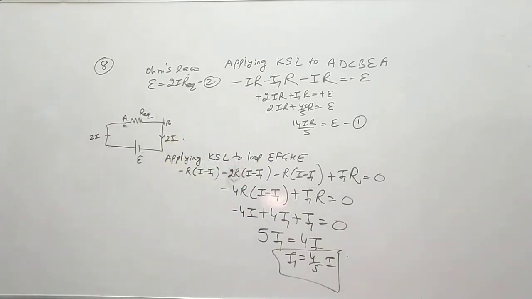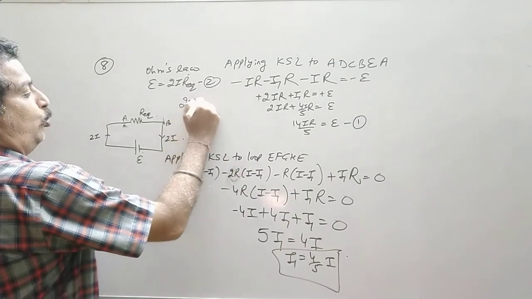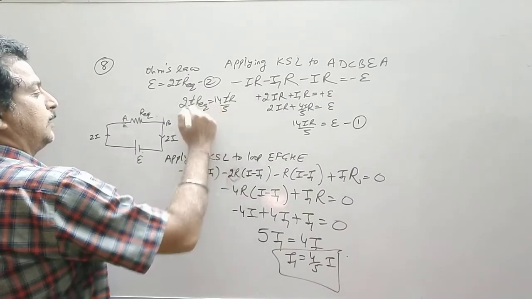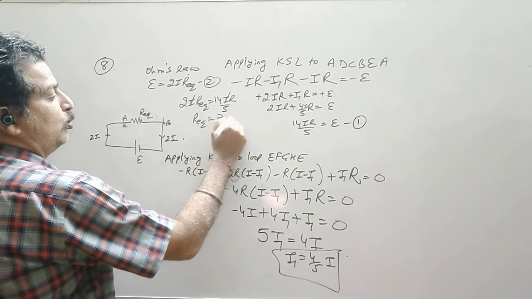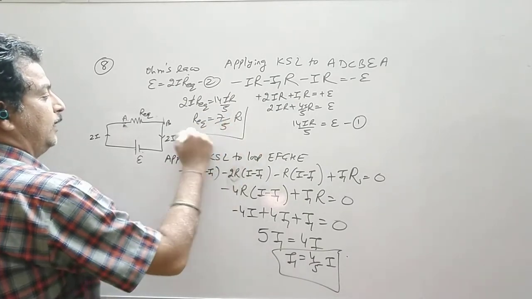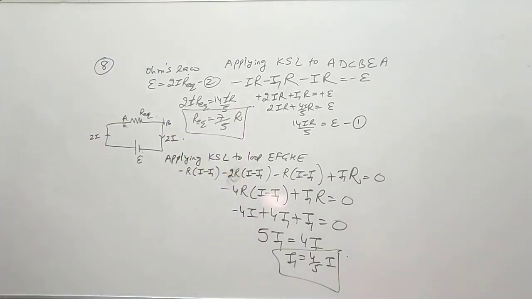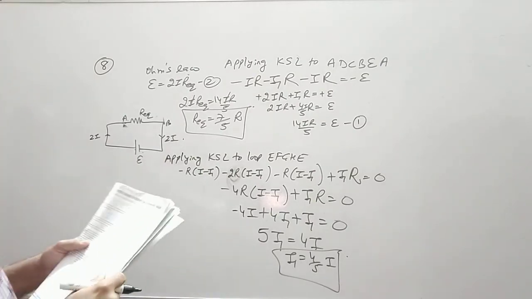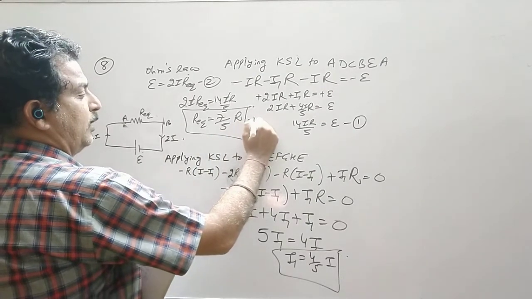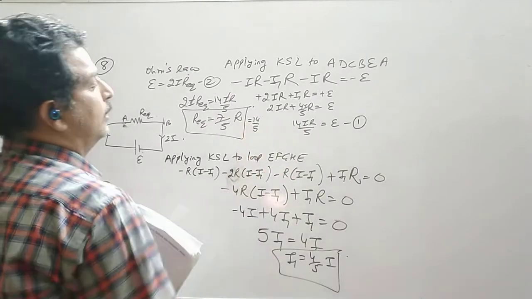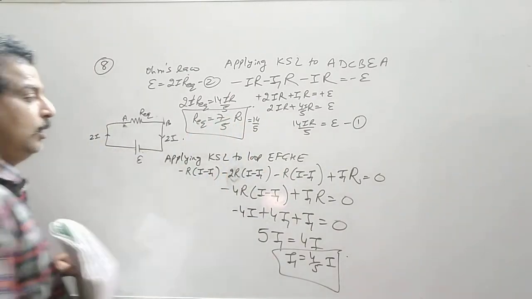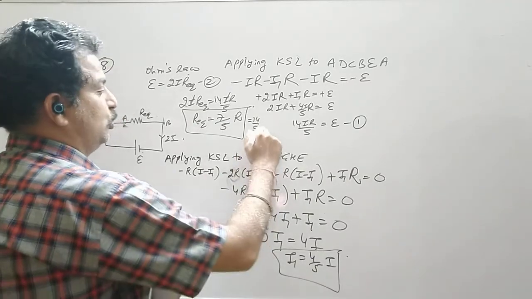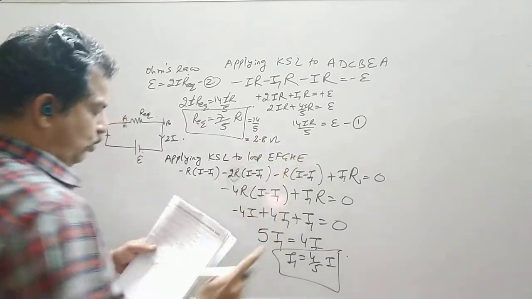Comparing this to equation 1, we find that 2I R equivalent is equal to 14IR upon 5. I is cancelled. So R equivalent is equal to 7 by 5 R. Now it is given that the resistance of each wire is 2 ohm, so it becomes 14 upon 5, R taken as 2, so 2.8 ohms.